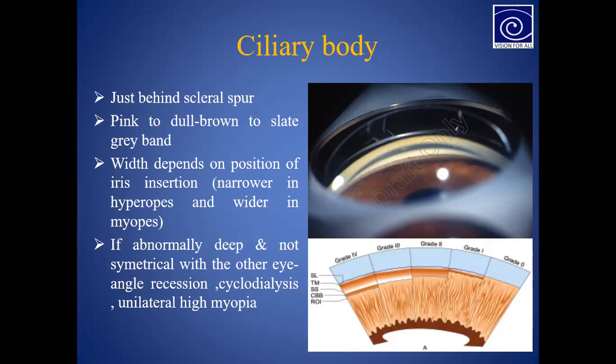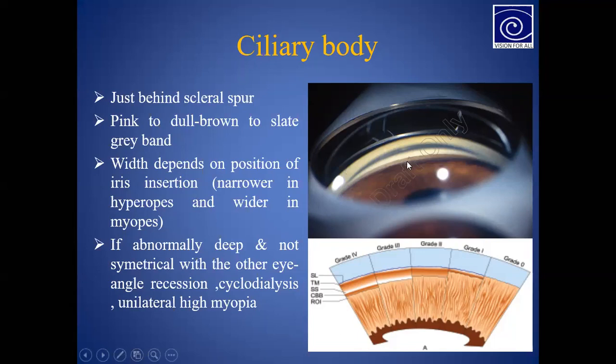And in grade 0, no angle structures will be visible. Okay. So in short, while performing gonioscopy, we grade from posterior to anterior. Okay.